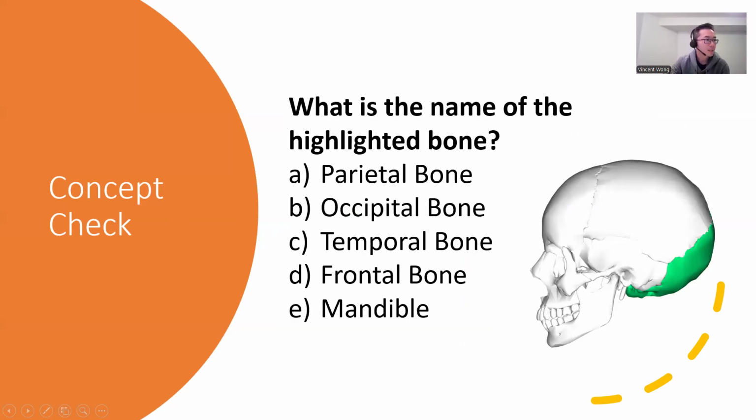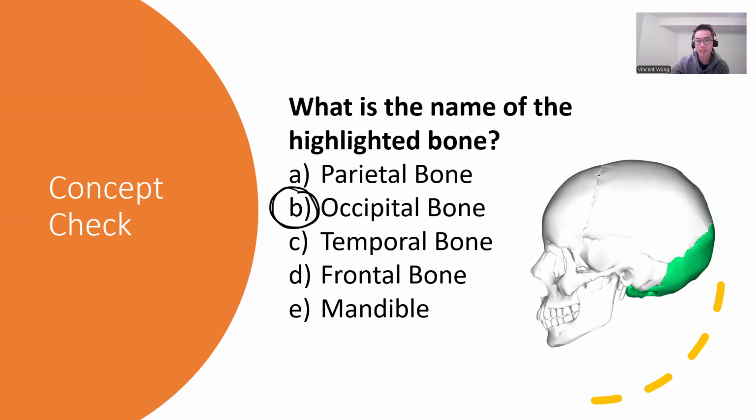Okay, how about this one? This one is easier. What is that? Okay, this one is at the back, and it is the occipital bone.